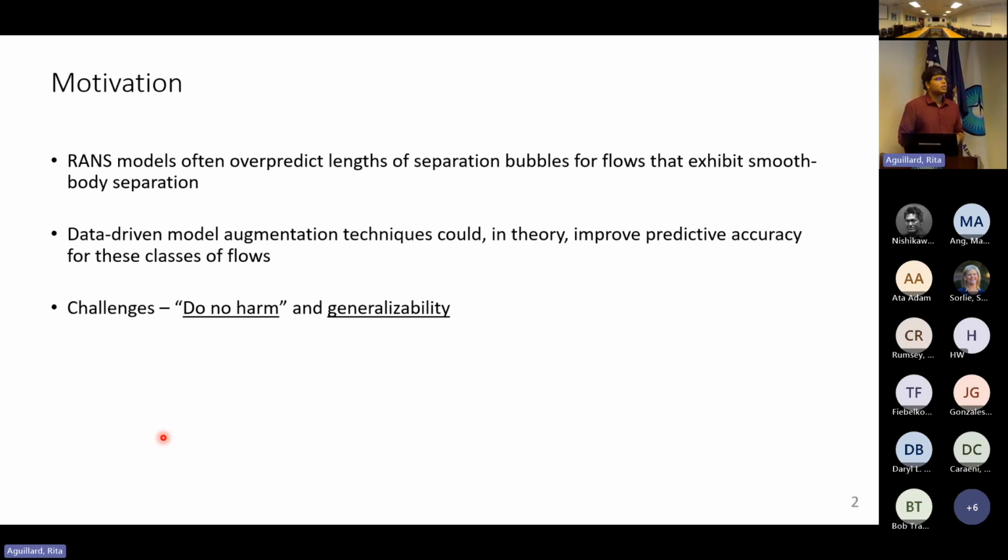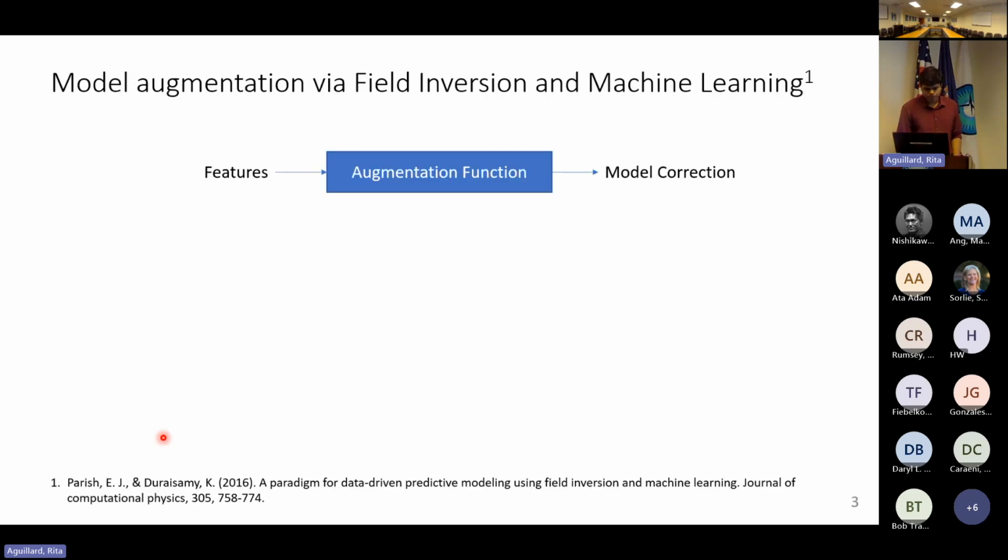That is to say that any data-driven model augmentation should not adversely affect the model performance of the baseline model itself. In addition, we have a challenge of generalizability, which in essence means that if we train or calibrate our data-driven model on one or two different flows, then those benefits should generalize to a variety of different fluids that exhibit similar physical phenomena.